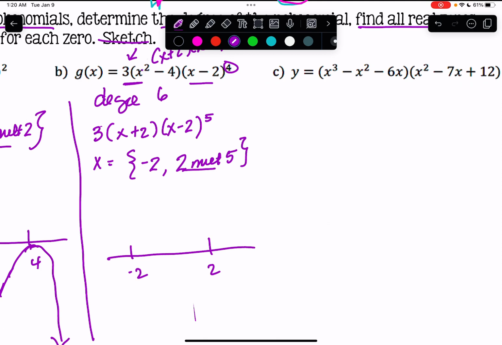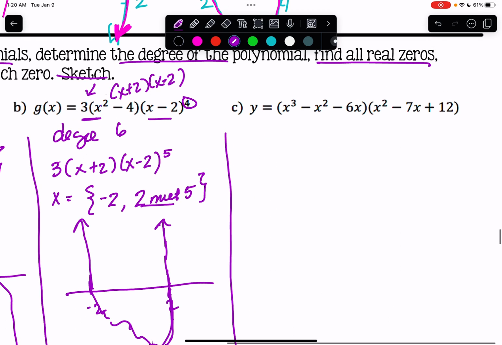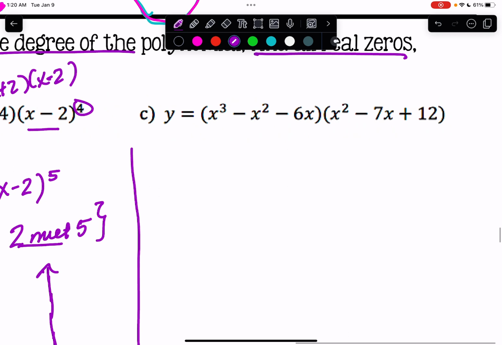And so it's degree 6, so it probably has some turns below these zeros, but for what we care about, we just need to know that it could do something like that. It comes up through -2 and 2. All right, so that's how that one would look. Again, these are sketches.